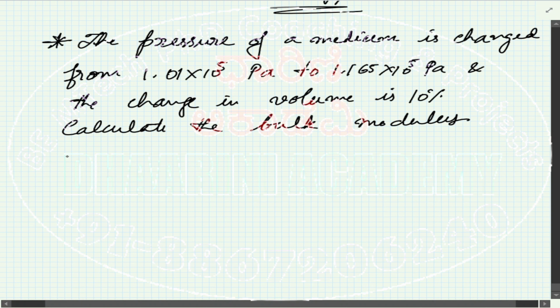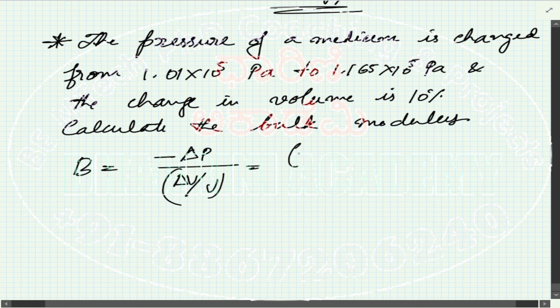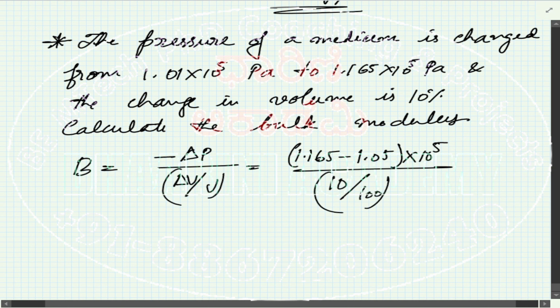So what is this bulk modulus? B is calculated as change in pressure divided by delta V by V, the standard equation, we already know this. So how much is the change? It is 1.165 minus 1.01 into 10 to the 5, that's the numerator, whole divided by, since the change is 10%, 10 by 100.